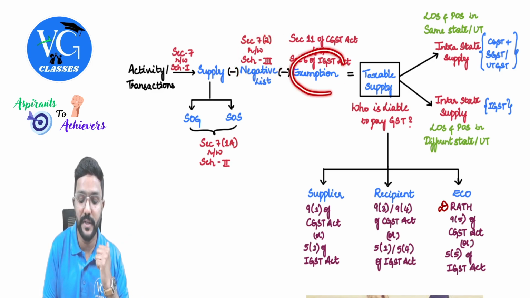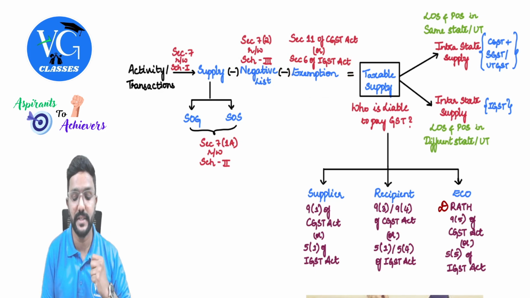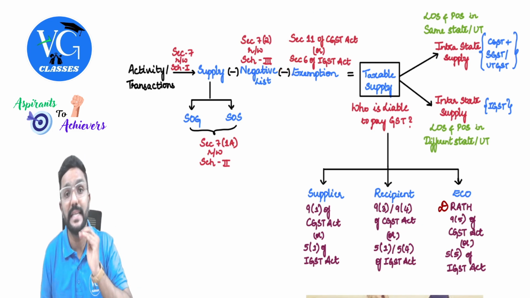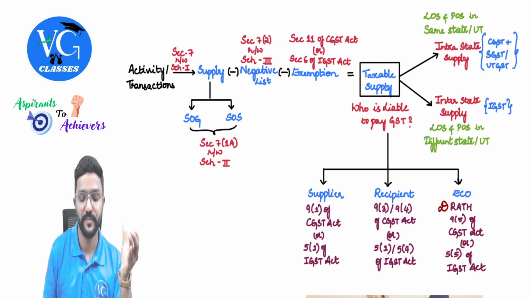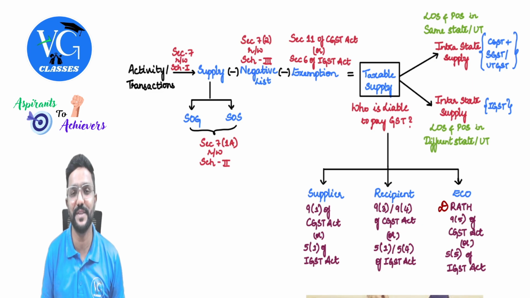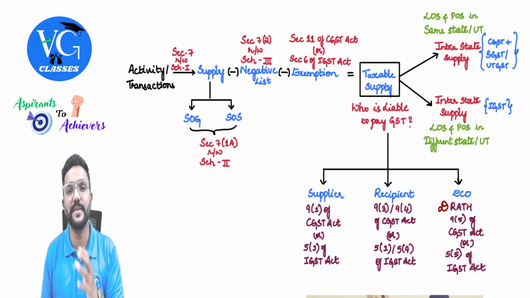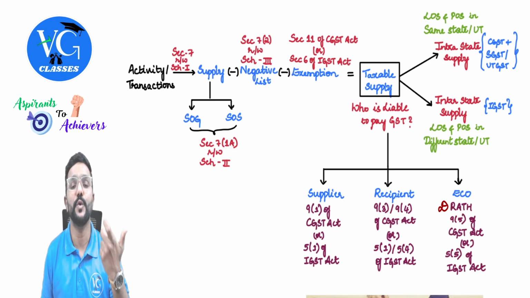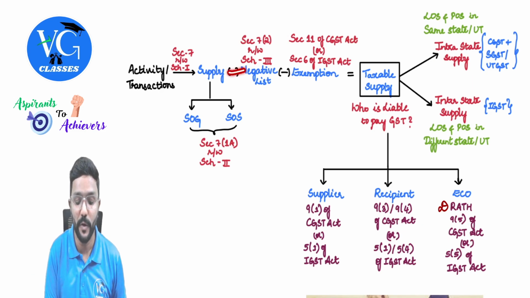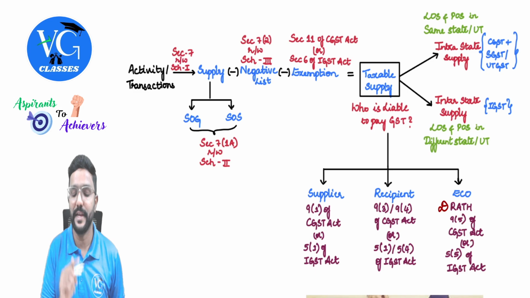Then coming to the exemption list, it is covered in section 11 of the CGST Act or section 6 of the IGST Act along with notifications. Because sections 11 and 6 just give the power to the government to notify any goods or services which are exempt under GST, and the goods and services that have been exempted are through notification, guys. So anything covered in the negative list or exemption is not taxable, so we need to remove or deduct it. Fine. So the remaining supply is taxable.